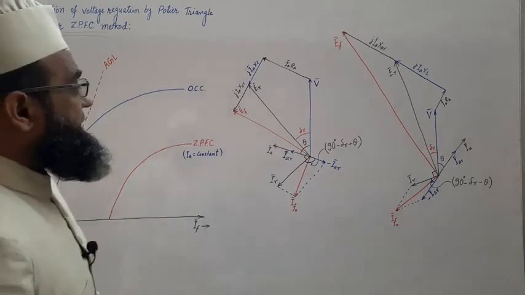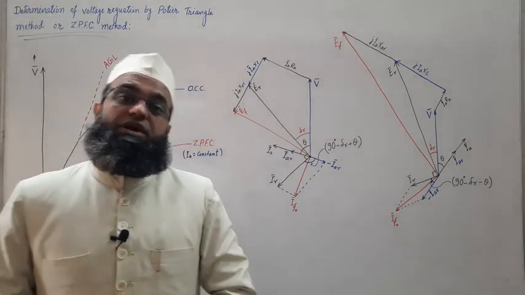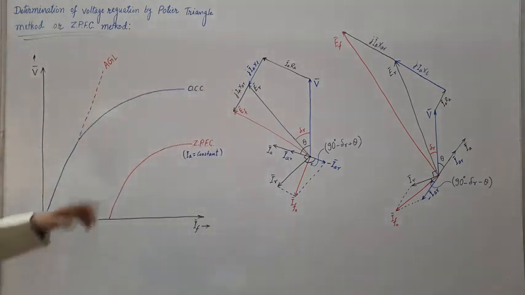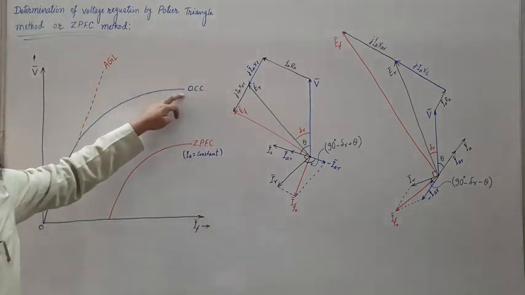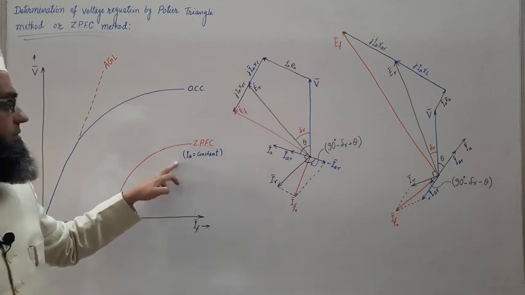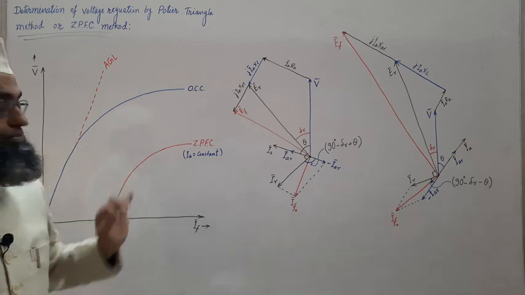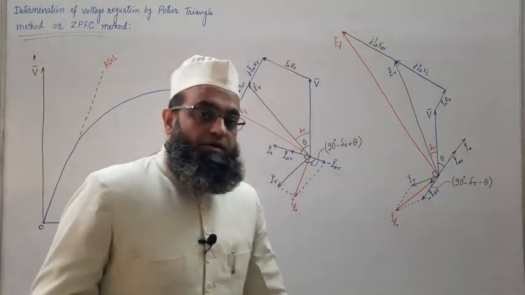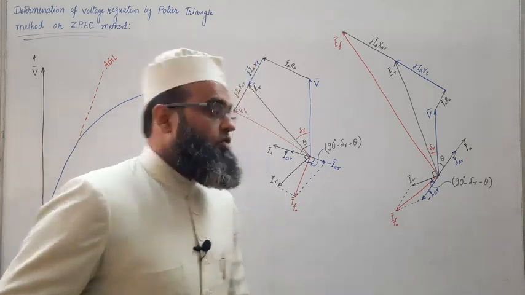For obtaining voltage regulation using the Potier triangle method, we need to perform two tests: the open circuit test and the ZPFC, zero power factor test. So you may write the various steps in your notebook.